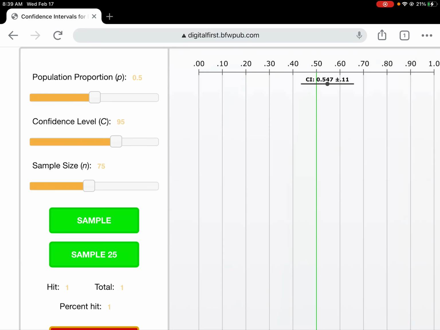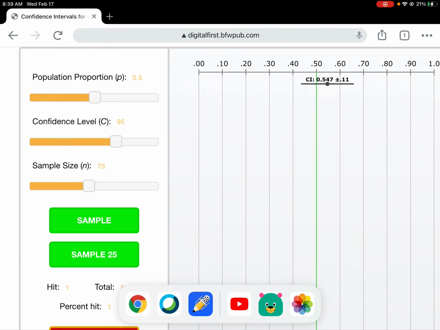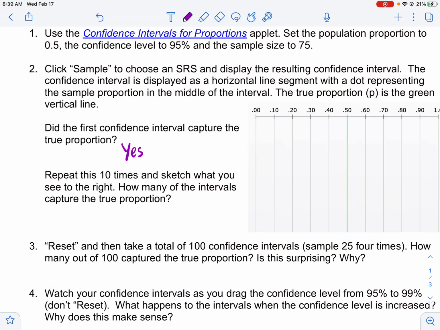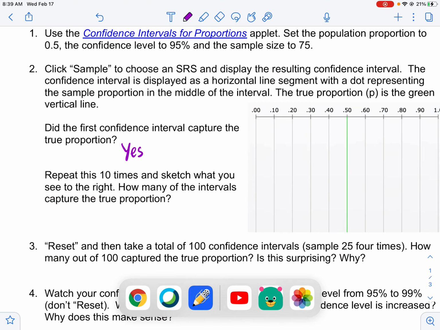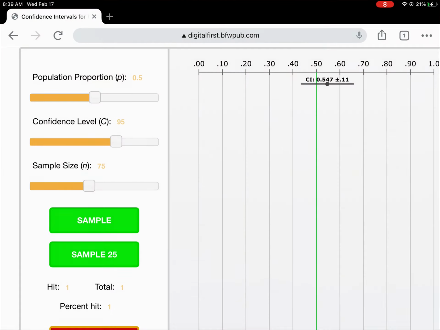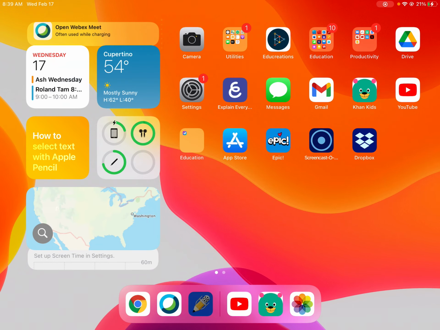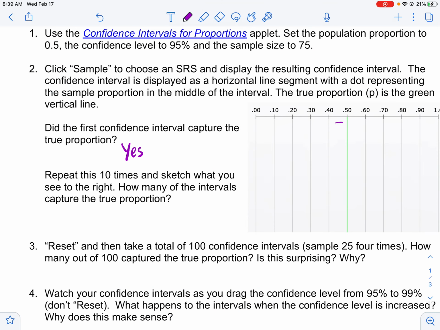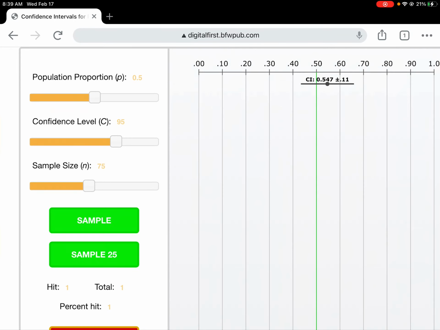Let's sketch the first one. 0.54 to 0.60. I forgot, sorry, past 0.50, past 0.60. So right around this area. Okay? And then I am going to do it 10 times, so 9 more.